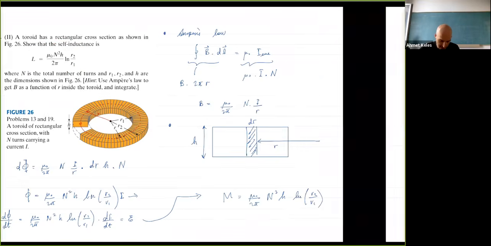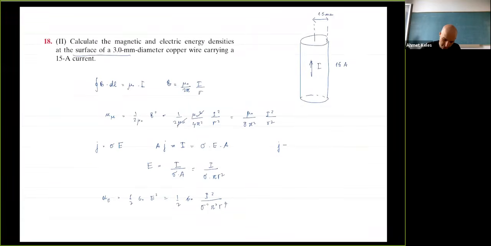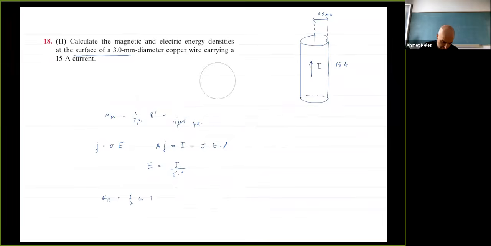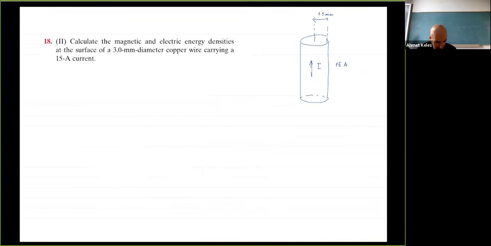All right, next. Okay, clean. Actually I want to keep that figure. Let's clear everything else. Calculate the magnetic and electric energy densities at the surface of a 3 millimeter diameter copper wire carrying a 15 ampere current.